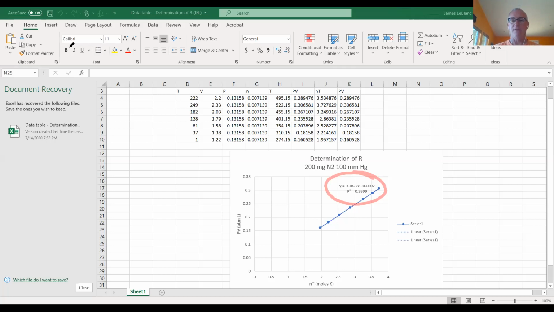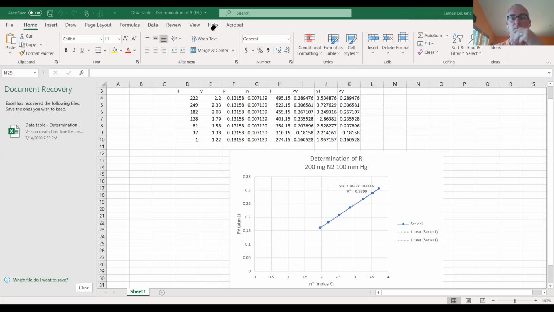So nitrogen should give us, hopefully, it did for me last night anyway. Maybe it's all screwed up today. The atmospheric pressure is weird today or something. So it worked for that amount of nitrogen. So let's try a different gas.